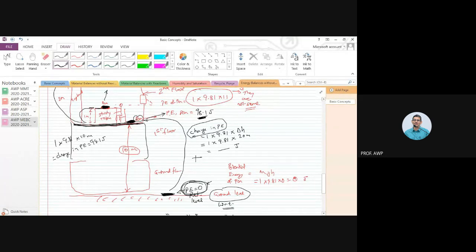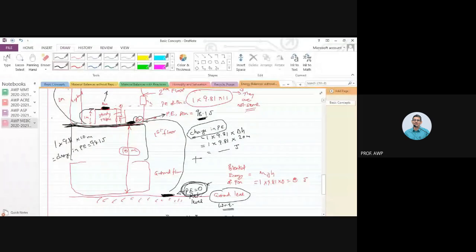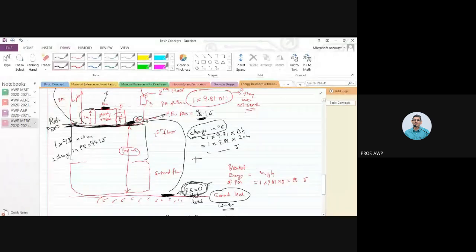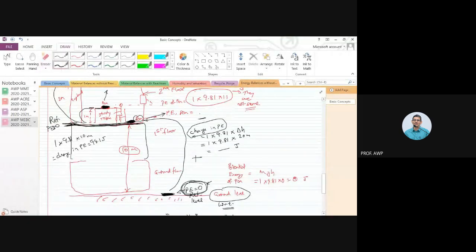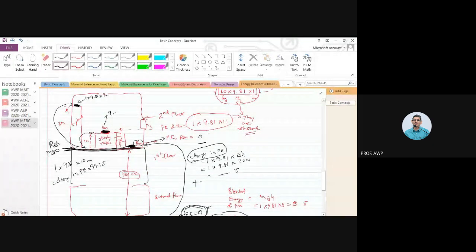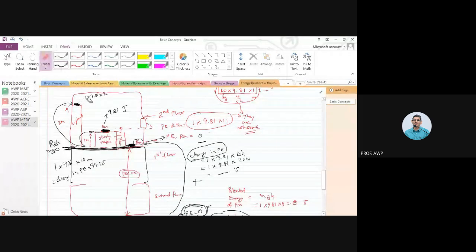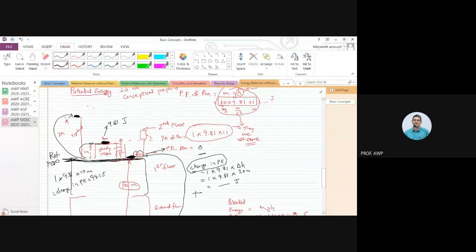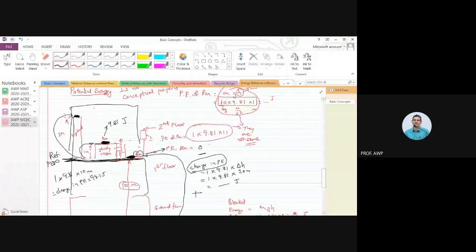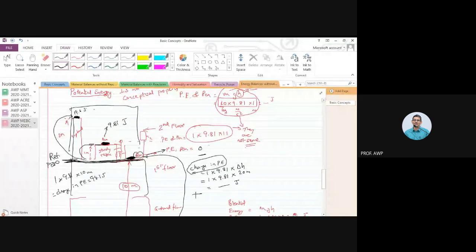If I say this is my reference height, potential energy is 0 here. My potential energy of the pen is 0 here. My potential energy of the pen is 1 into 9.81 into 1. It is 9.81 joules here. Potential energy here is 1 into 9.81 into 2, 19.6 joules.